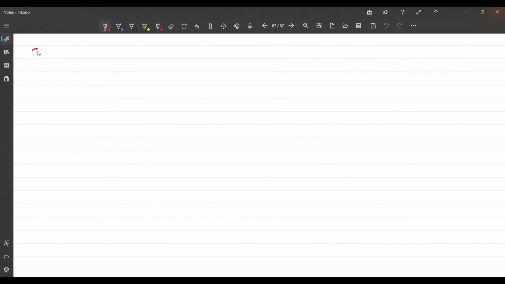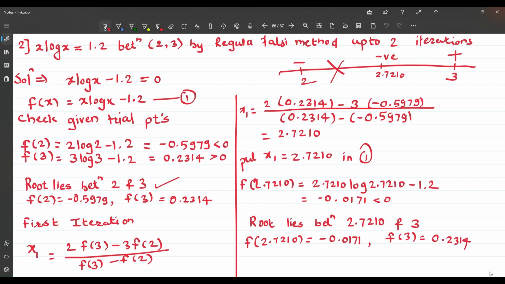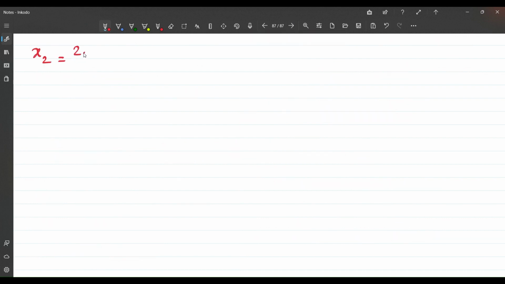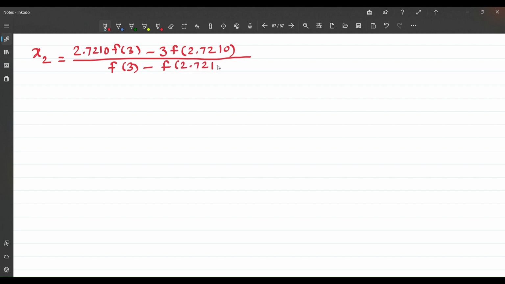Now the next step is the second iteration, that is x2. The formula for x2, from this we can write 2.7210 into f of 3 minus 3 into f of 2.7210 divided by f of 3 minus f of 2.7210, which is 2.7210 as it is.